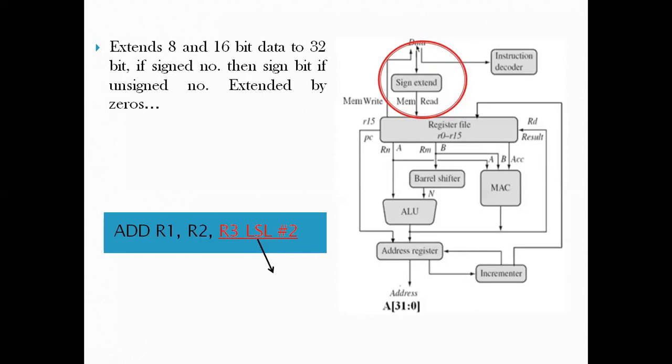If it is unsigned, all the vacant spaces are filled by zeros. Whereas if it is signed, then your MSB, that is the sign bit, is copied into all the empty slots to make that number 32-bit. This is the purpose of sign extend.